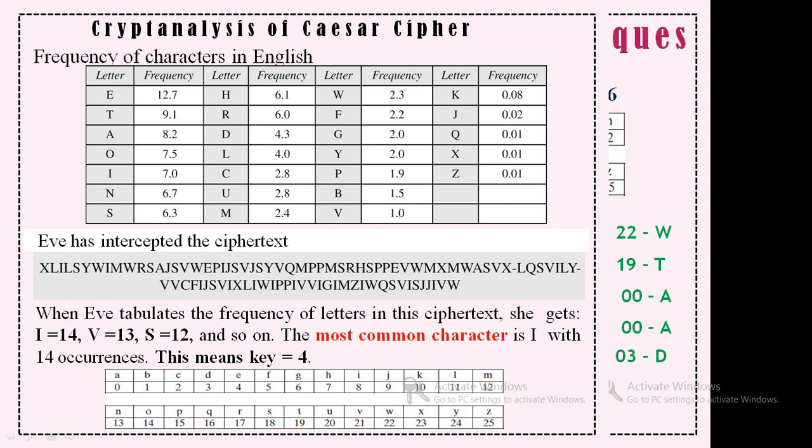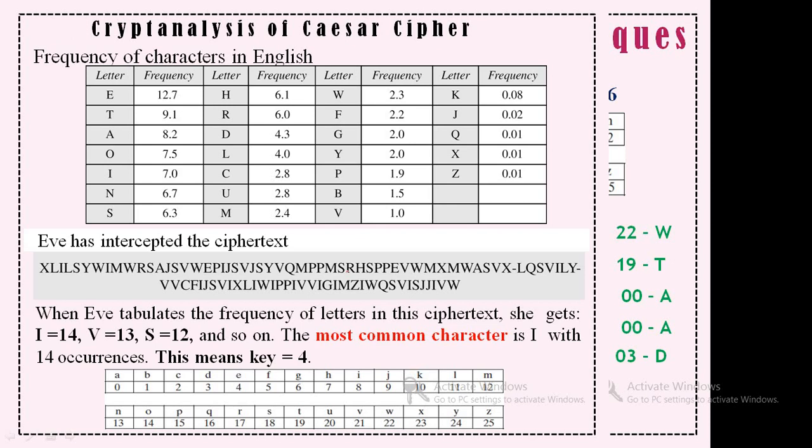Now what can happen is that given a particular encrypted message, because this is another analysis with respect to finding out the key, in most of the cases where you have used the Caesar cipher, from the given cipher text we can assume the frequency of individual letters.